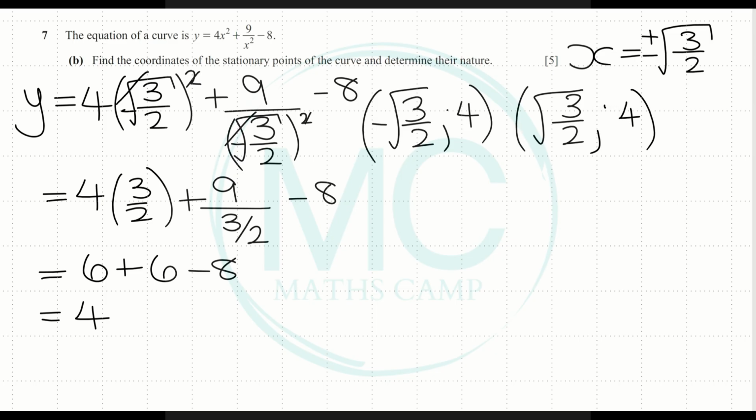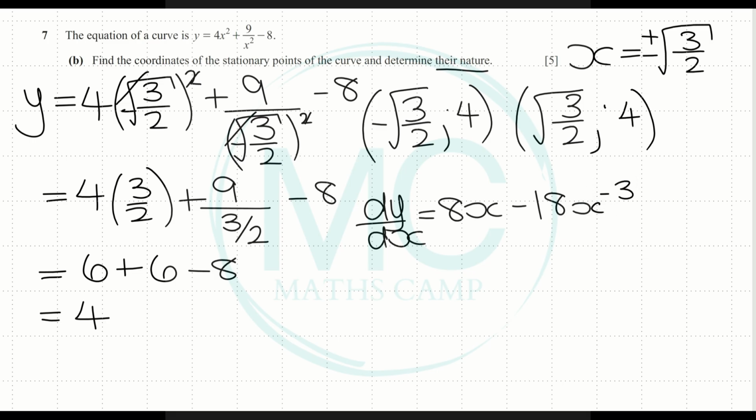But we still need the nature of these roots, which means we need to find the second derivative. Let's quickly rewrite down the equation for the first derivative. dy over dx is equal to 8x minus 18. I don't want to work with a fraction, so I'm going to write this as x with an exponent of negative 3.